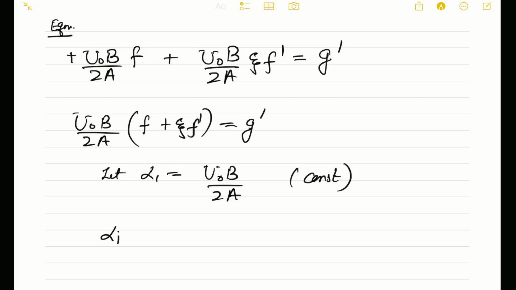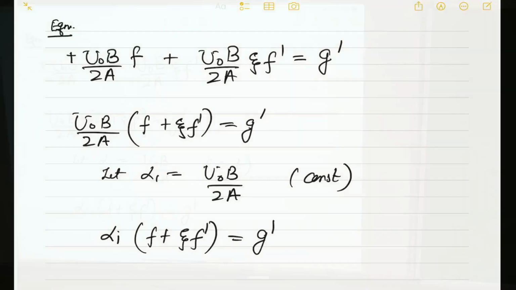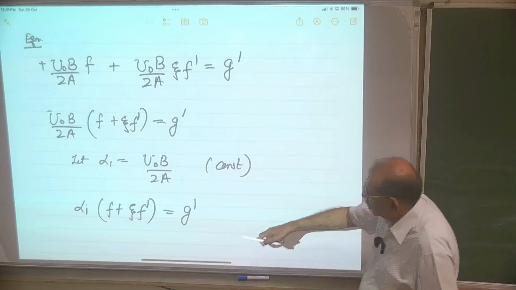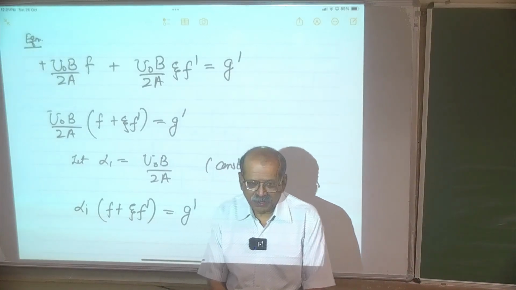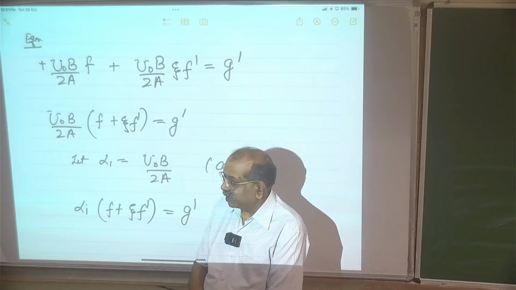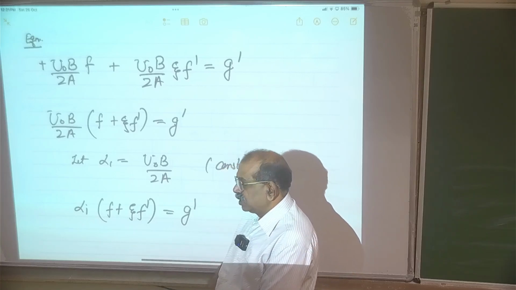So we have alpha 1 into f plus zeta f prime is equal to G prime. Now, how do we integrate this? And this is where I was, can anyone think of a mathematical trick by which this becomes integrable?